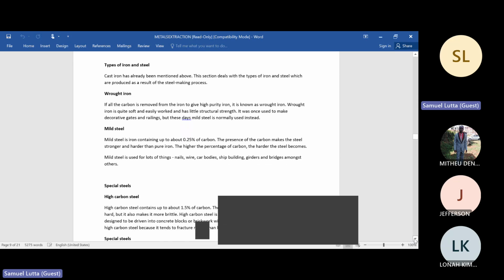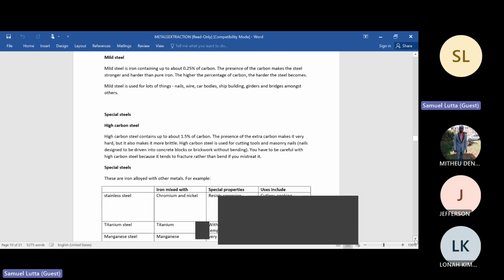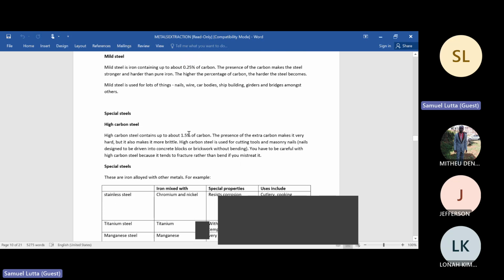This one is called mild iron. And for special needs, we use special steel, and this special steel contains a high percentage of carbon. I'm just trying to summarize so that you can get the main points.